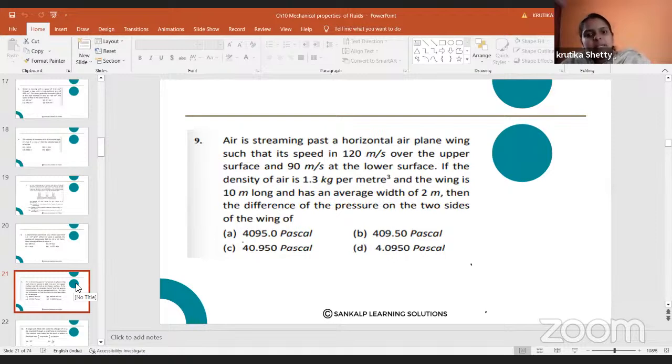Next, if the density of air is 1.3 kg per meter cube and the wing is 10 meter long and has an average width of 2 meter, then the difference of the pressure on the two sides of the wing is. So they are asking the difference in the pressure. Right? So let us solve this one.